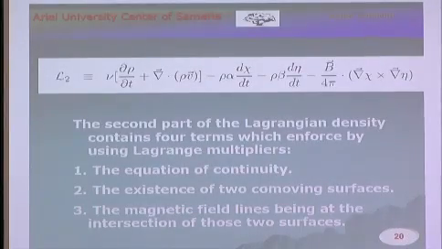The second part of this Lagrangian density contains four terms which enforce, by using Lagrange multipliers, the equation of continuity, the existence of two co-moving surfaces, and the fact that the magnetic field lines are at the intersection of those two surfaces.